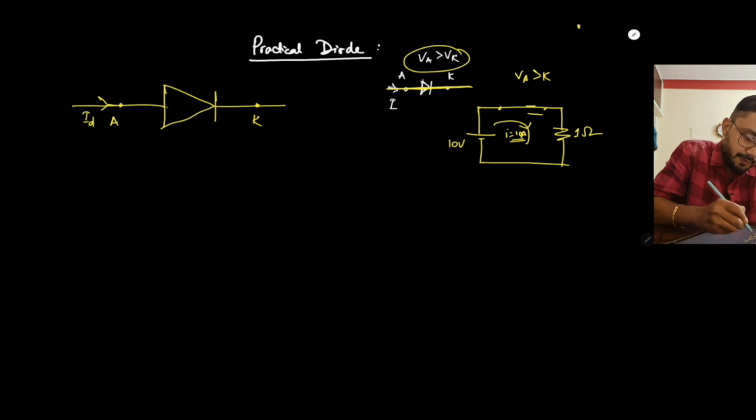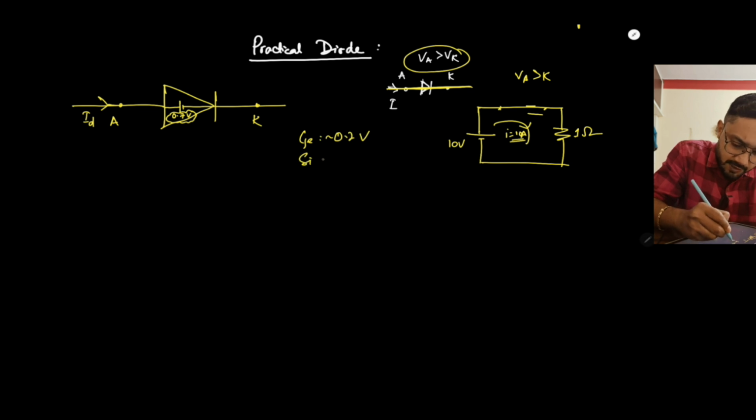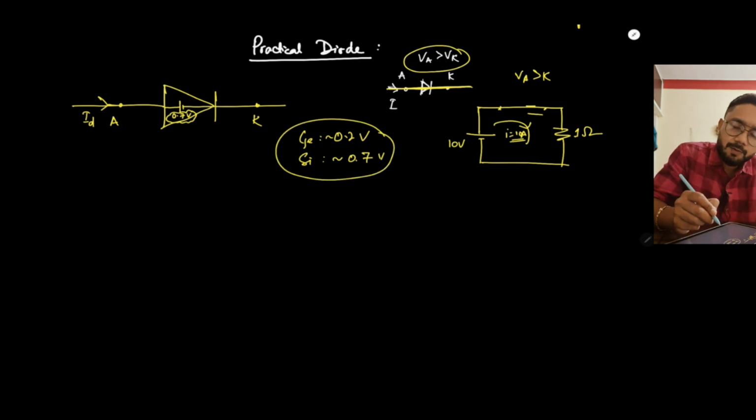So here a small voltage will be dropped, approximately 0.7 volts. So there will be a small voltage drop inside the diode, and for the germanium diode this voltage drop will be approximately 0.2 volts, and for silicon diodes it will be approximately 0.7 volts. So this much voltage will be dropped across the diode.